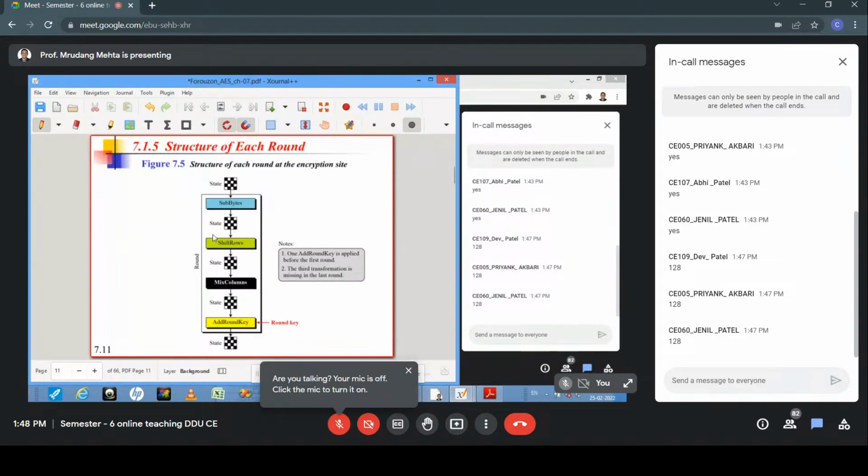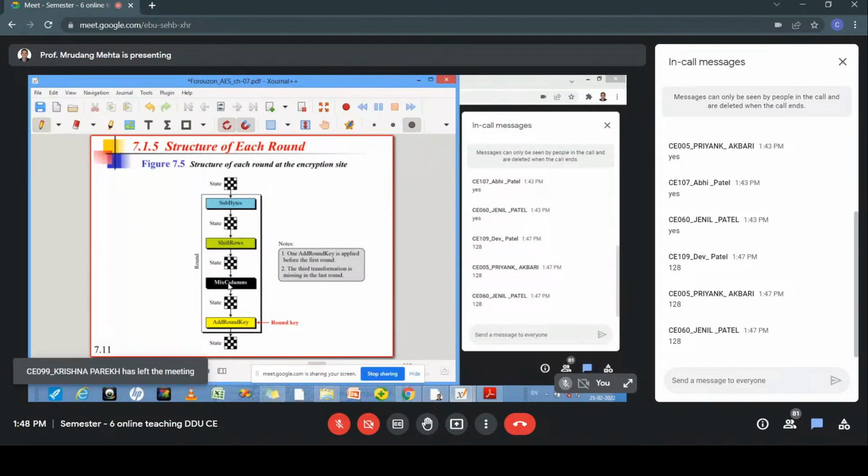Then it performs shift row and produces another state. Then it performs mix column and produces another state. Then it performs add round key. So our round key is added at the fourth step. Each round contains four steps: sub byte, shift row, mix column, and add round key.